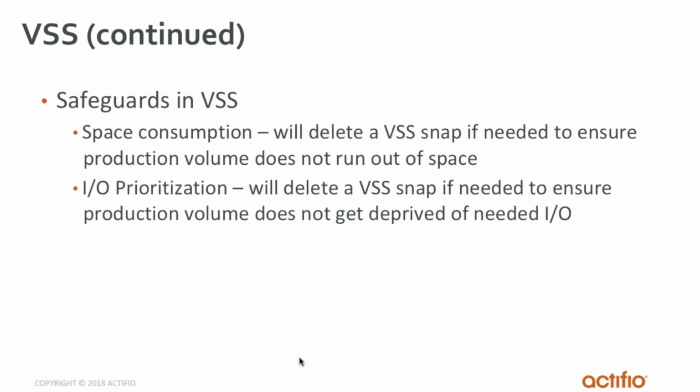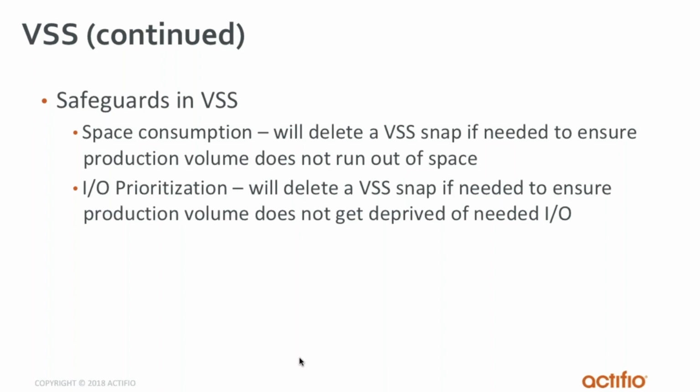Now, in addition to the latency at the time of the snapshot, there's a couple of safeguards that are built into the VSS provider from Microsoft. First is space consumption. It's pretty obvious that when you snapshot a disk that is live and having changes, you're consuming some extra storage, right? Because you have to store the blocks that differ from each other.